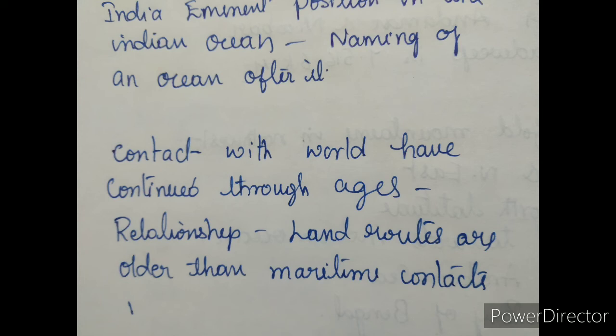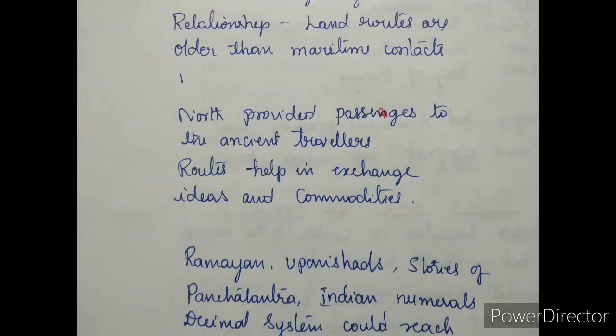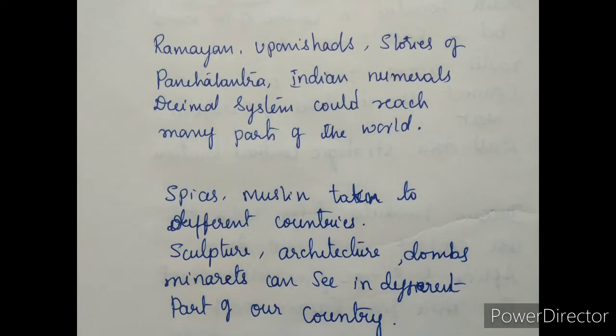India shares its land boundaries with Pakistan and Afghanistan in the northwest, China, Nepal and Bhutan in the north, and Myanmar and Bangladesh in the east, and southern neighbors across the sea are the 2 island countries, namely Sri Lanka and Maldives.